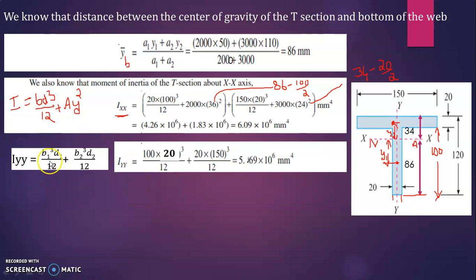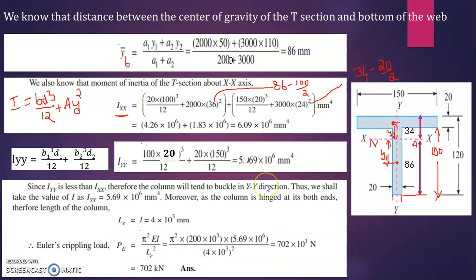Now what is b1 for the first section? b1 is the breadth, that is 20. So 20 cube into d, which is 100, divided by 12, plus the second, b2 is 150 cube into d is 20, divided by 12. You get 5.69 into 10 raised to 6.